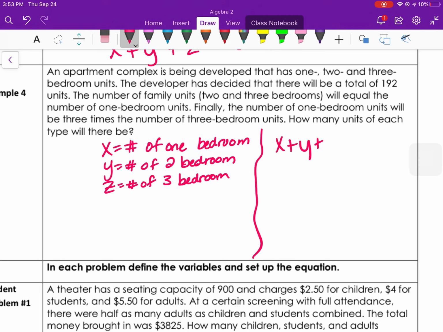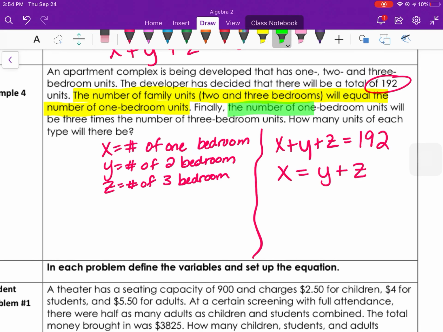So how much of each type again? So we have 3 equations. You have your total. This apartment complex is going to have 192 units. And then we have a couple sentences here. The number of family units, 2 and 3 bedroom, y and z, will be equal to the number of 1 bedroom units. So number of 1 bedroom is going to equal the number of 2 and 3 bedrooms combined.